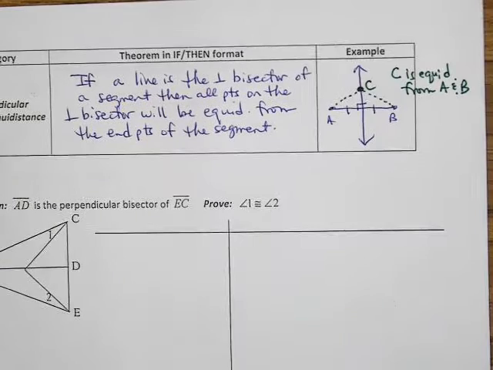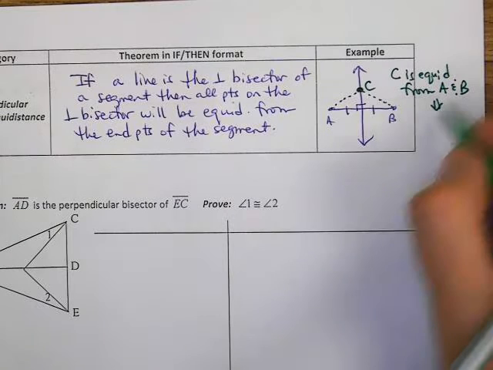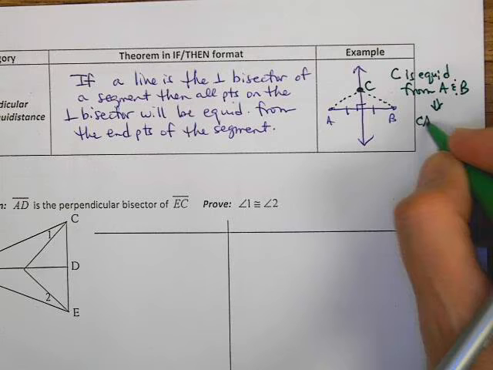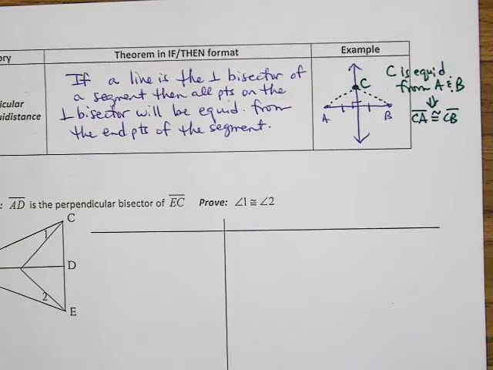It means the distances are equal. So that means if C is on that perpendicular bisector, that CA is congruent to CB. That's what equidistant means. It gives us a pair of distances that are equal.